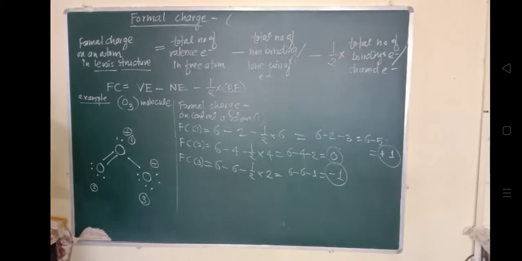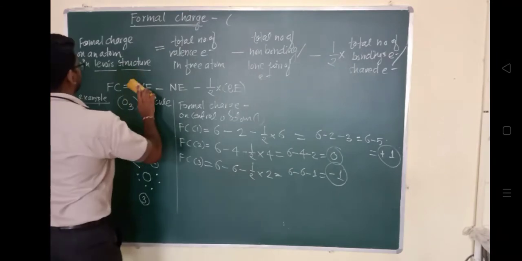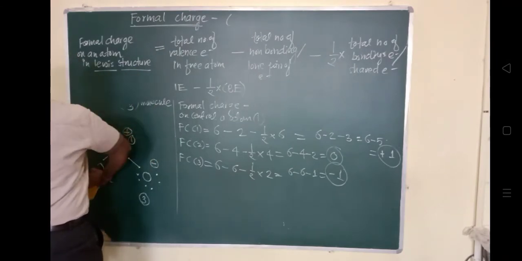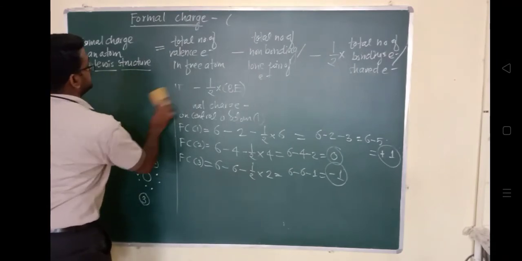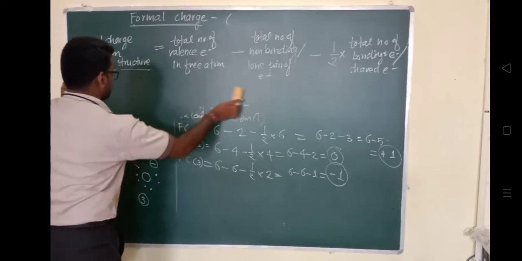With another example, consider the example of carbon dioxide. Let's take the example of CO2, and there we will understand the formal charge. So formal charge, this is the formula that you have to remember.